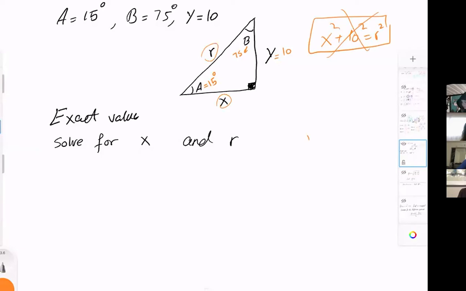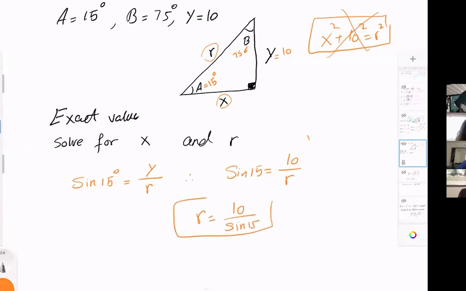So we say sine of 15 degrees equals Y over R, so sine of 15 equals 10 over R, then R will be 10 over sine of 15. You leave it like this. You're not going to calculate it.